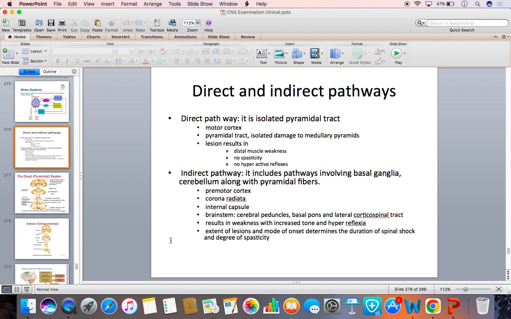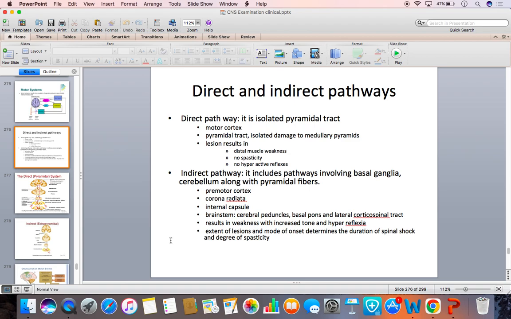The injury is isolated damage to the pyramids in the medulla. That results in distal muscle weakness, but no spasticity, no hyperactive reflexes. If there is damage to isolated pyramidal tracts, there is no spasticity, no hyperreflexia, but there is involvement of the distal muscle weakness.